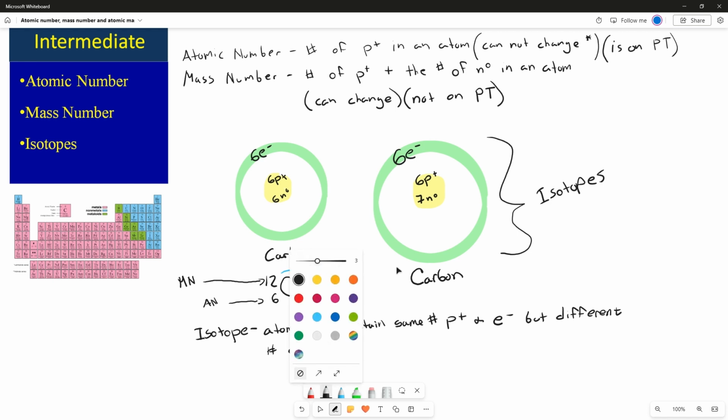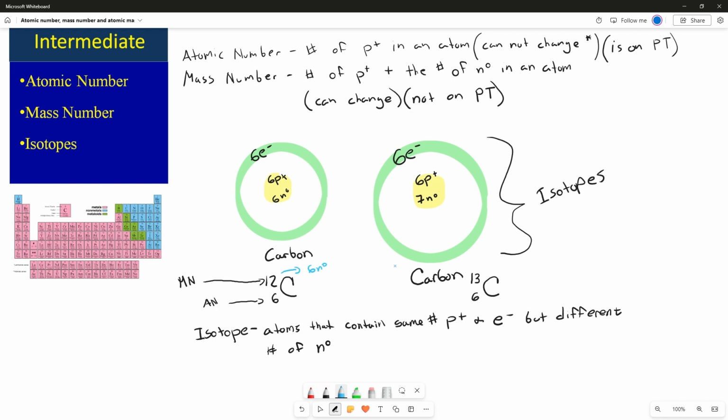Well, if we were to draw that same symbol for this carbon over here, you'd still have a 6 down there because it has 6 protons, but this would be a 13. So we would call that carbon 13, and carbon 13 is going to have a total of 7 neutrons.